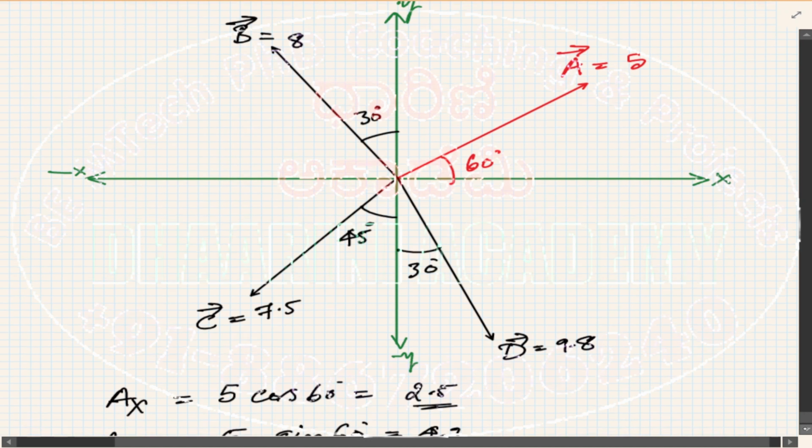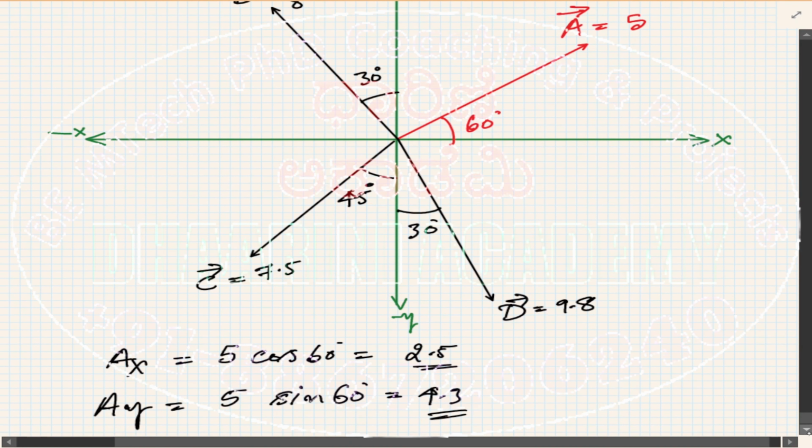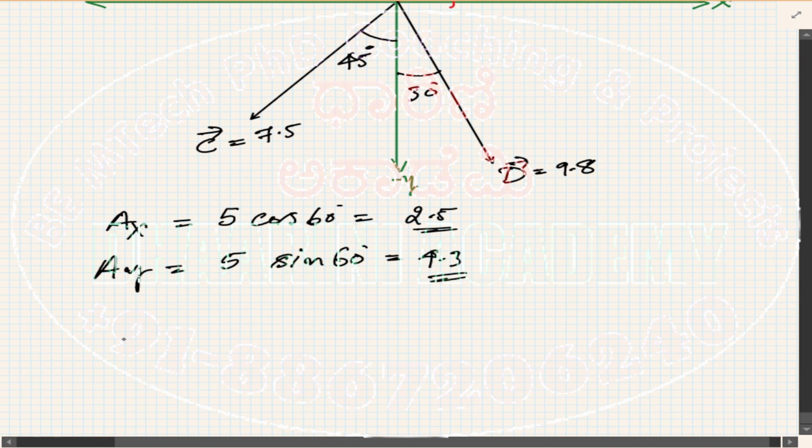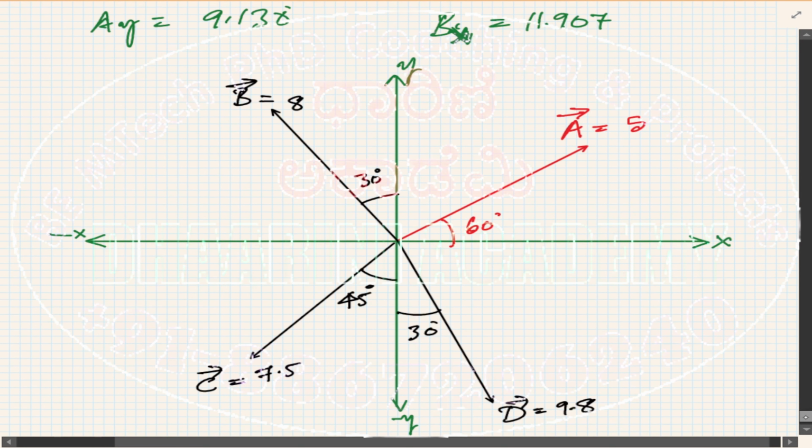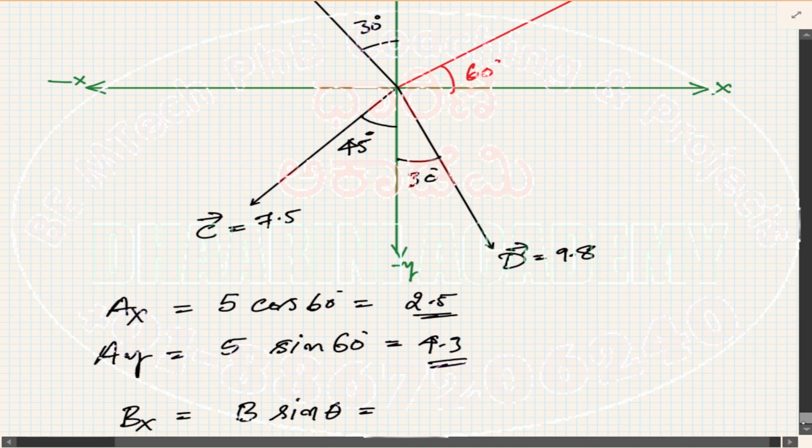So whenever an angle is given with respect to the y axis, bx is equal to b sine theta.